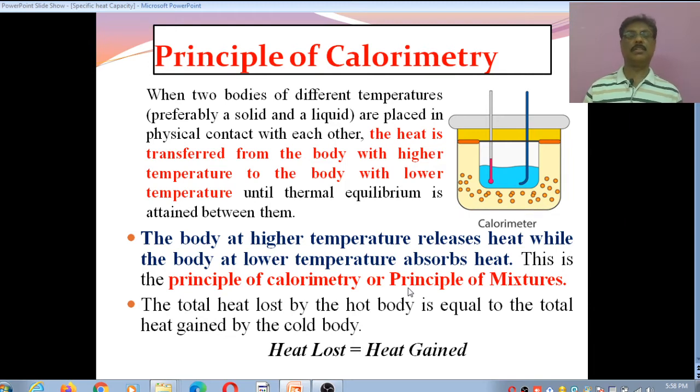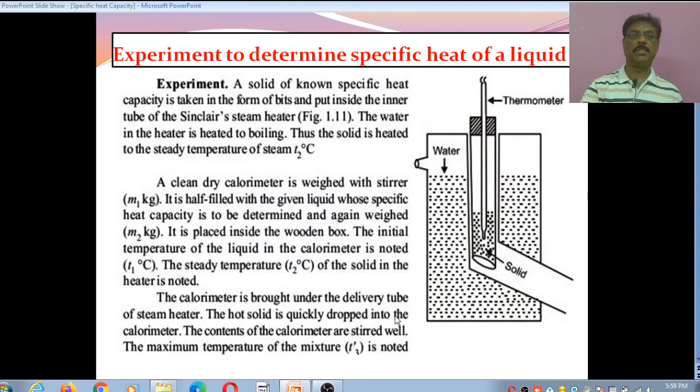In short, we can say the heat lost by the hot body is equal to the heat gained by the cold body. Heat lost is equal to heat gained. This is the basic principle of calorimetry. With this principle, we are going to determine experimentally the specific heat of liquids and solids.